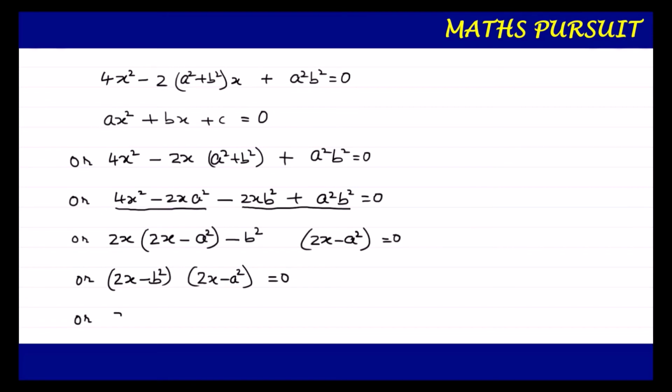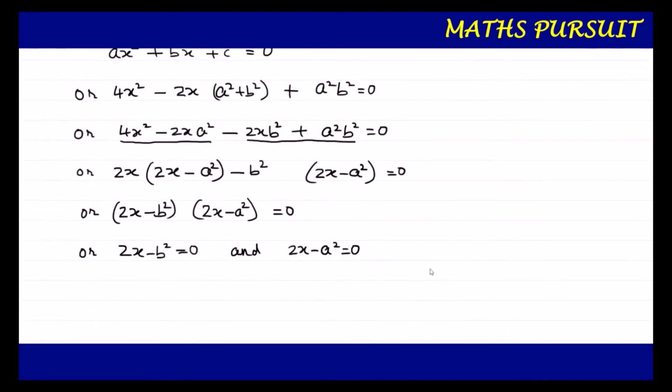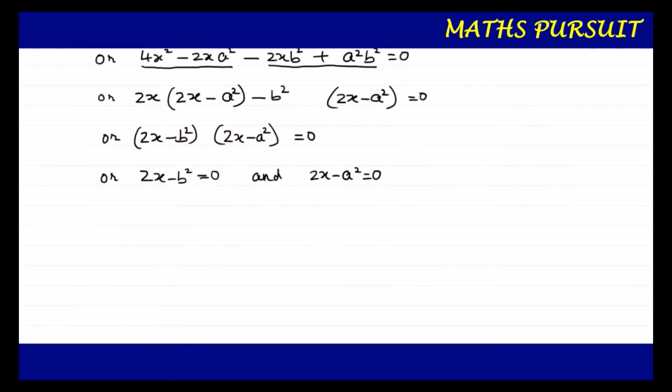I can say 2x − b² = 0 as one, and the other one is 2x − a² = 0. Or I can write 2x = b², just moving −b² to the right side, it became positive, and the other equation is 2x = a².